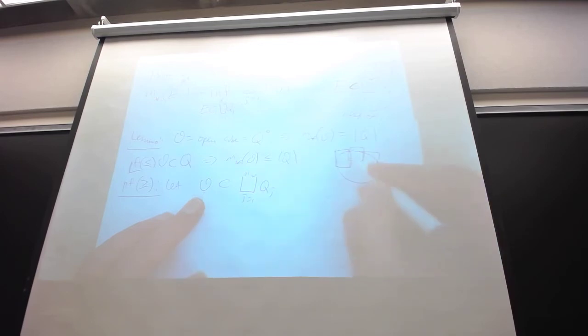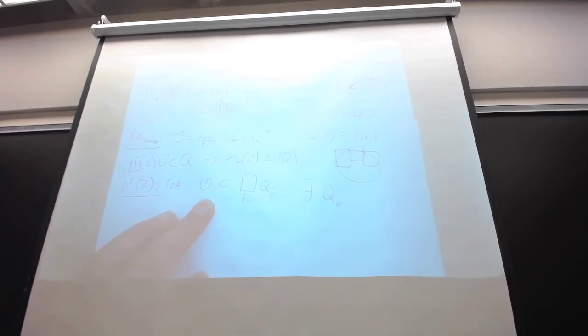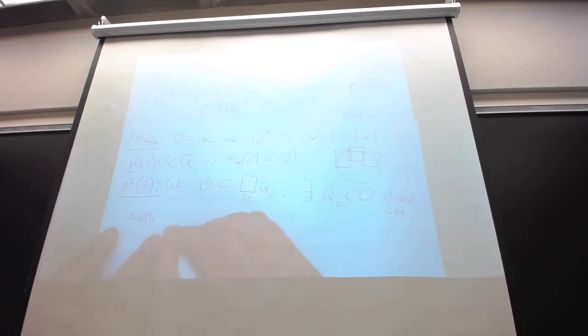Because O is an open cube, there exists, what should we call this? Q0, maybe? Q0 inside O, which is a closed cube, with the length of Q0 being at least the size of O minus epsilon.